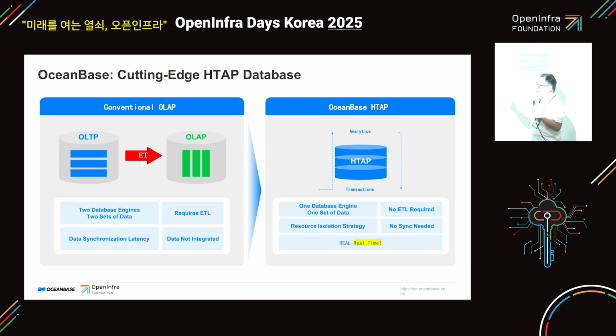And the data synchronization could result in data latency and the potential risk of data inconsistency. On the other hand, OceanBase is an HTAP database. For the customer, there is no need for data synchronization, eliminating data latency and ensuring true real-time data consistency.